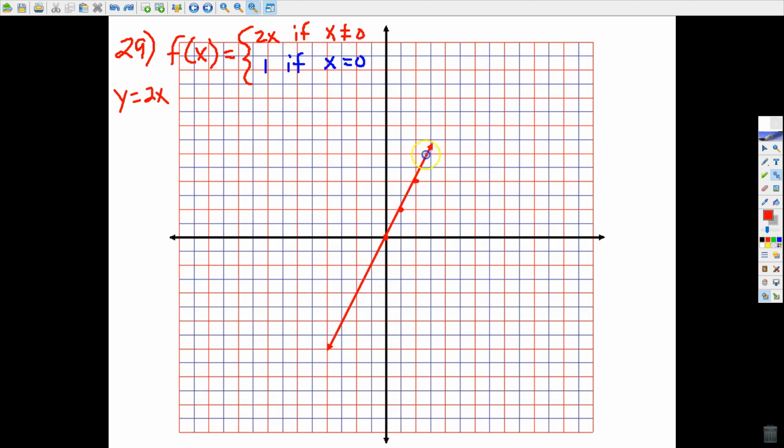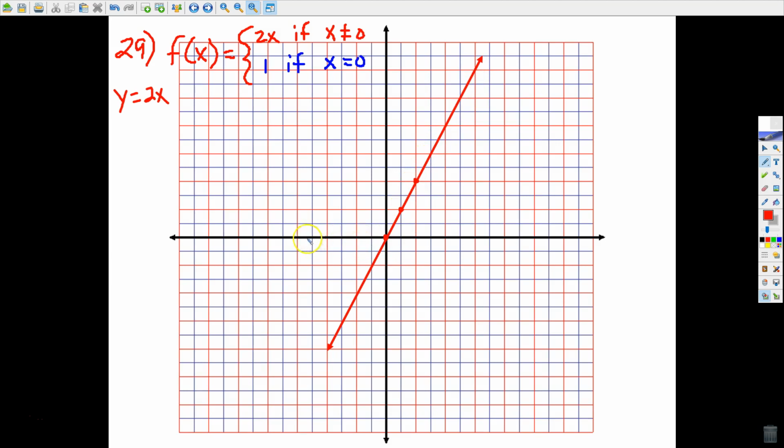Alright, and so now there's the line y equals 2x, just like we're probably used to doing from back in our Algebra 1 days. Okay, but on this particular line that we've called 2x, f of x is 2x, it's only defined if x cannot be 0. Okay, well where is x equal to 0 on this line?